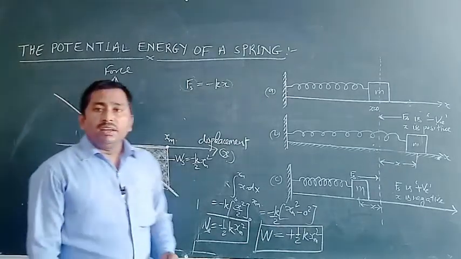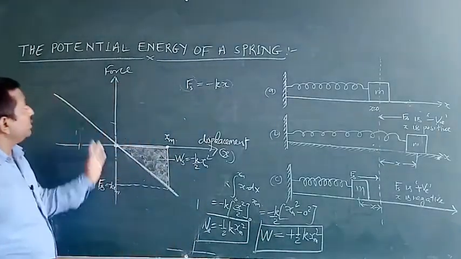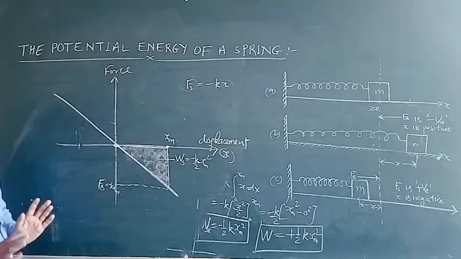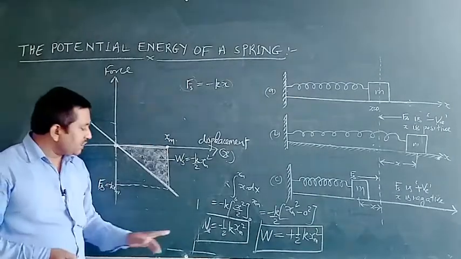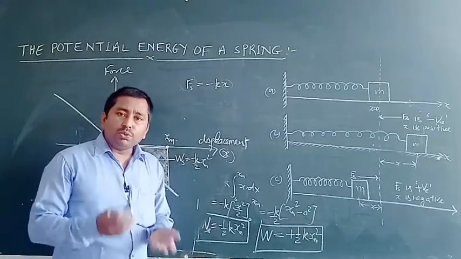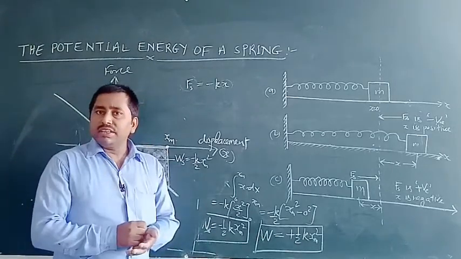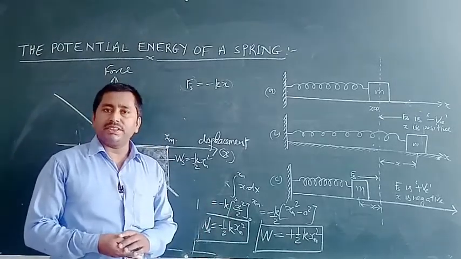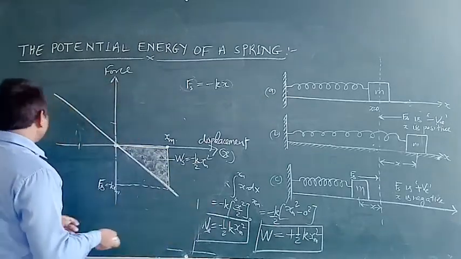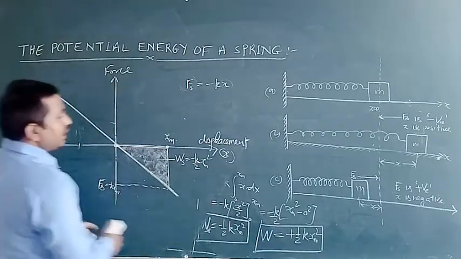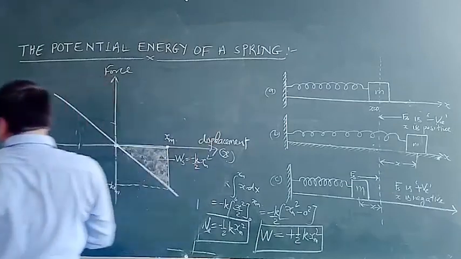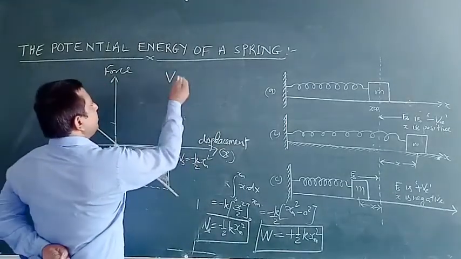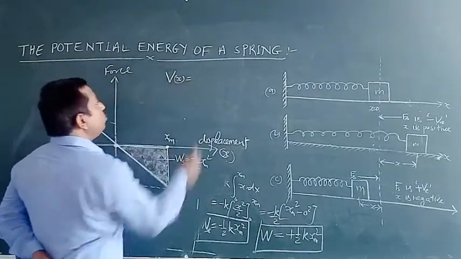Now let us discuss more about the potential energy. As we know, such type of work done can be stored in the spring in the form of potential energy. So we can write the potential energy stored in the spring as V(x).